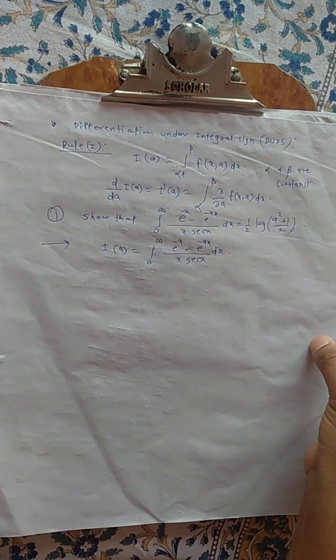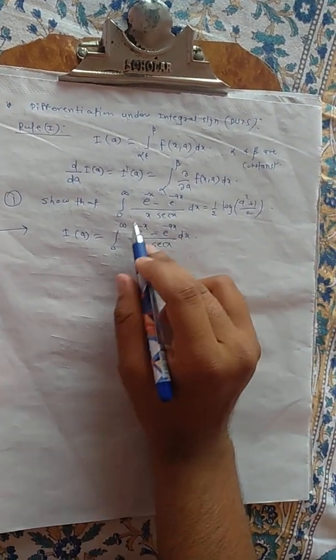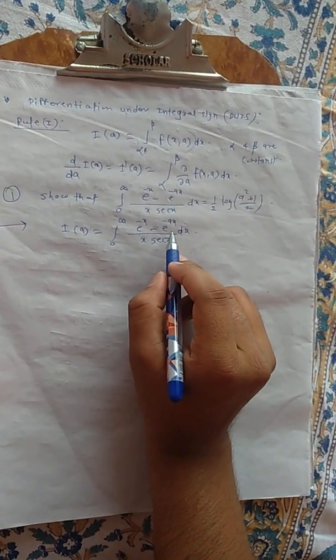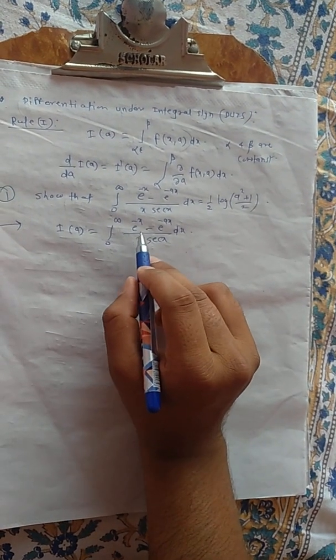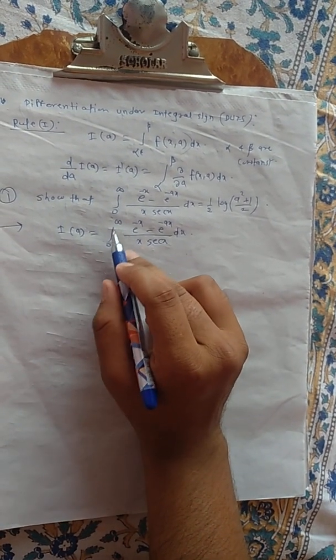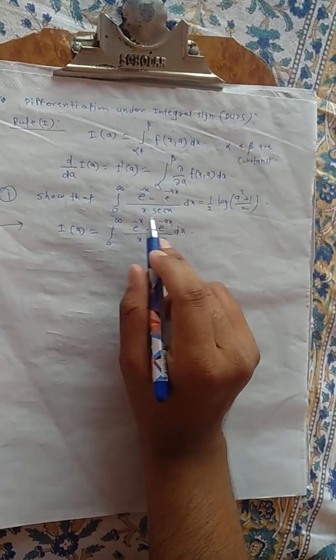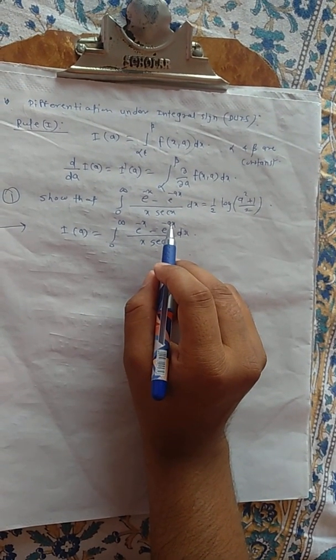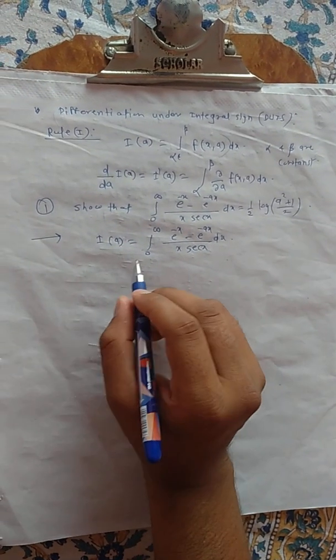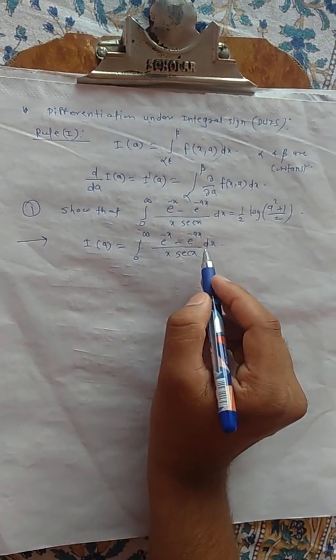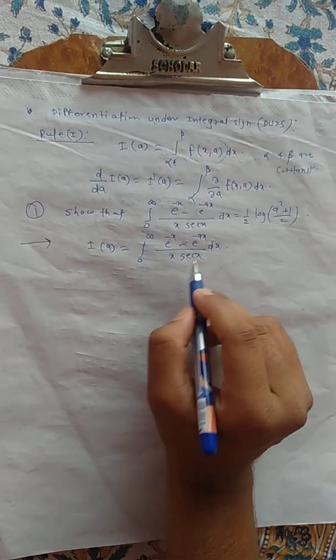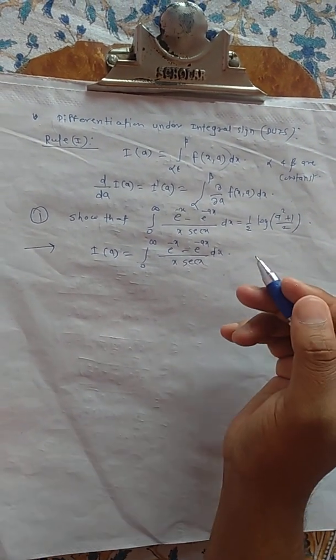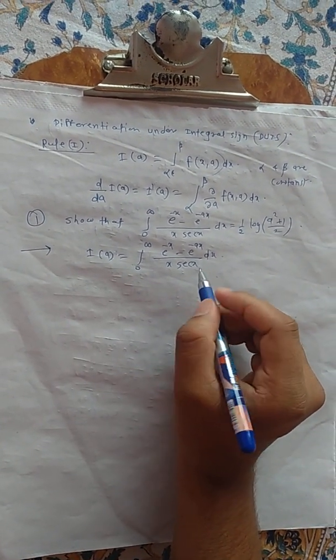If you go on integrating this you will get a function of a only, because after integrating you can put upper minus lower and the whole quantity becomes in terms of a only. Now if you look at that integral, it is not easy by whatever rules we have in definite integrals.